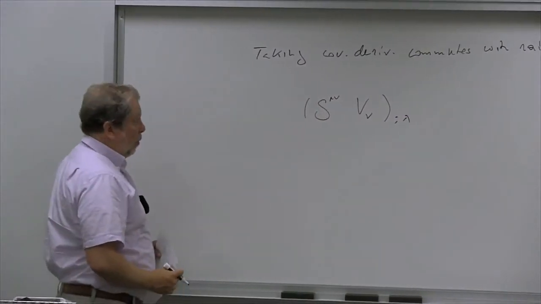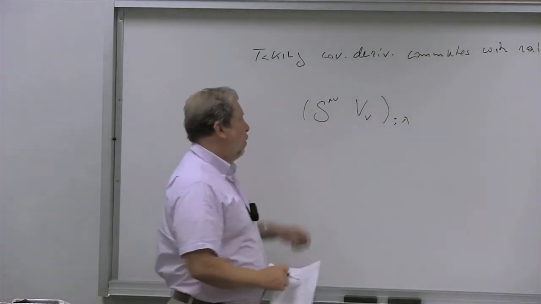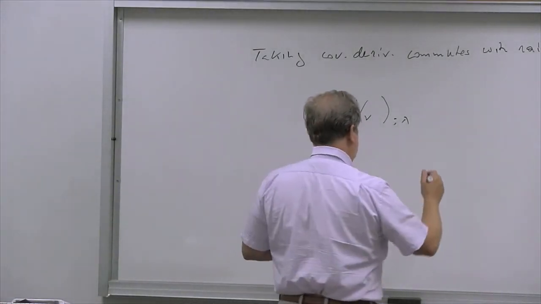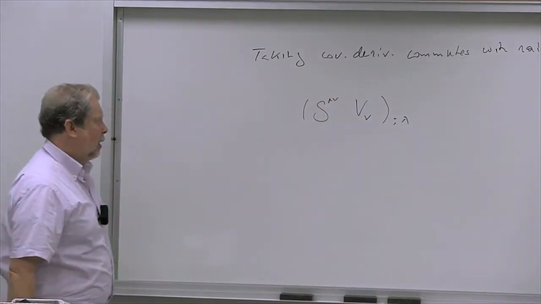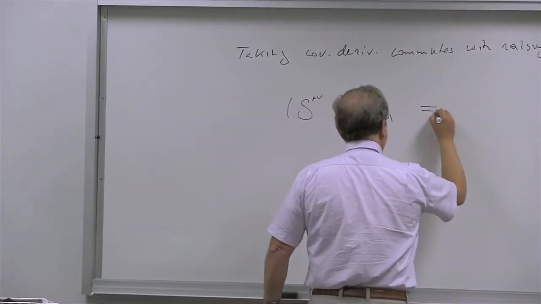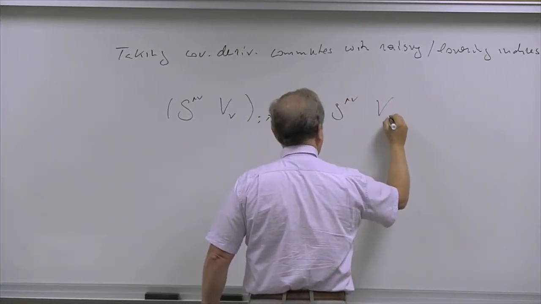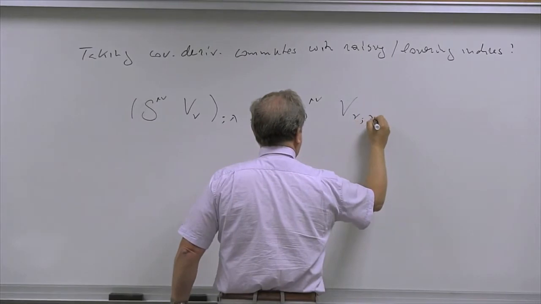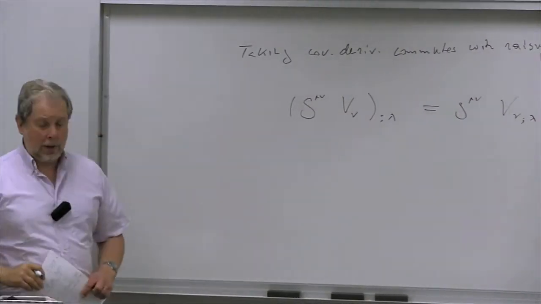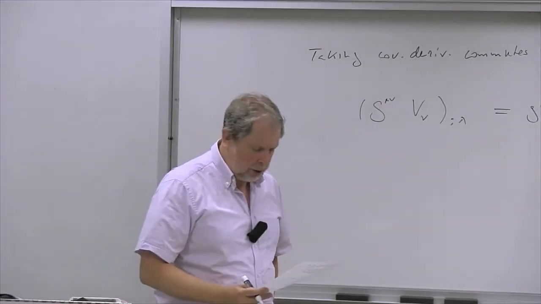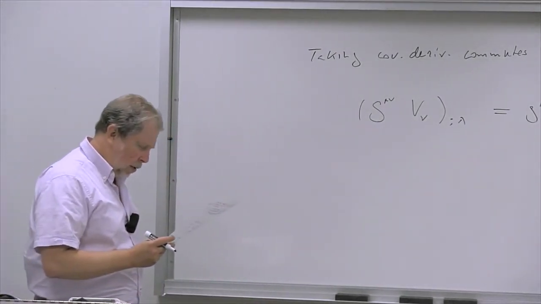You don't have to worry about taking the derivative of the metric, because the covariant derivative of the metric is 0. This is just simply the same as g mu nu times the covariant derivative of v nu with respect to lambda. So the operation of covariant differentiation and raising and lowering indices commutes.